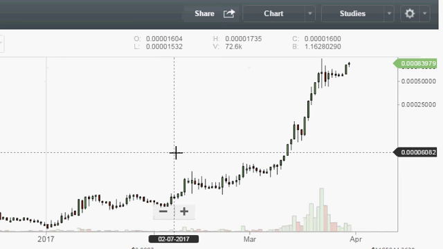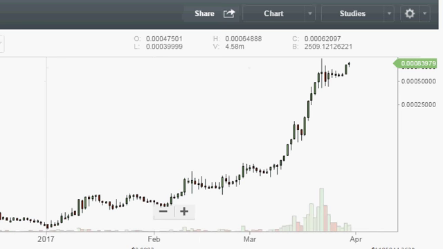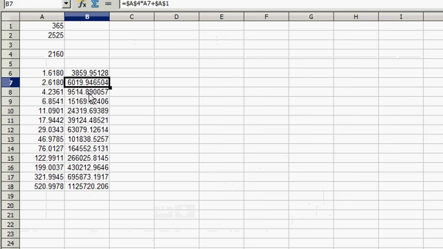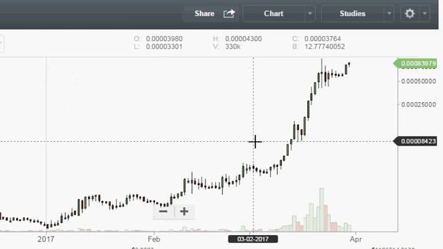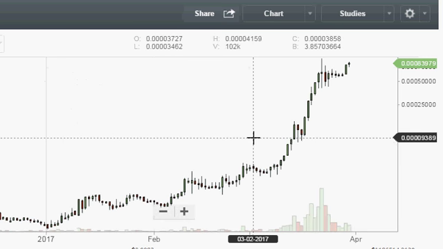When a key area of resistance or support doesn't hold and the momentum keeps continuing, there's a fast move to the next level. So breaking this 6,000-ish barrier, the next levels are 9,500 and 15,000. Well, 9,500 is roughly here.